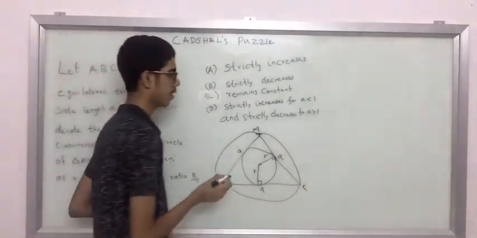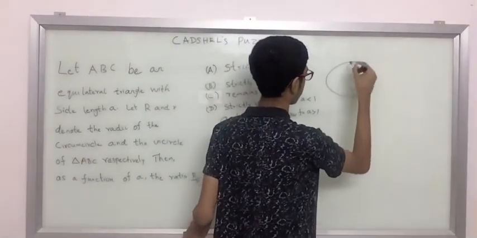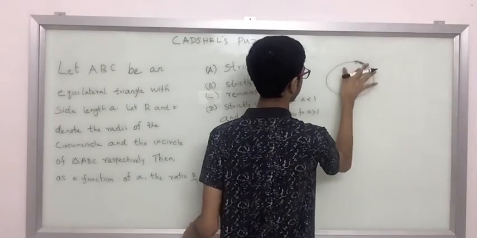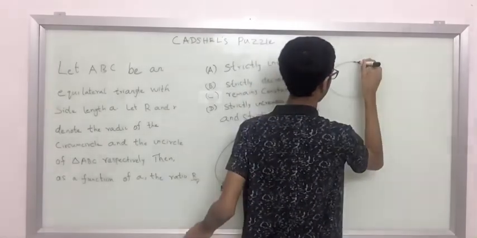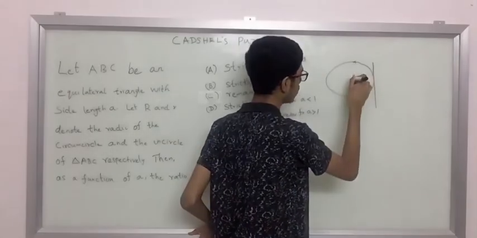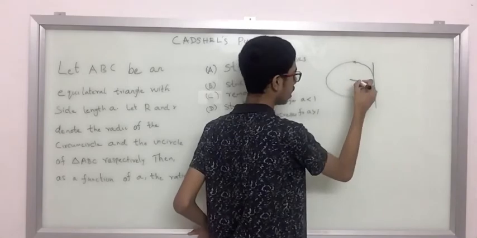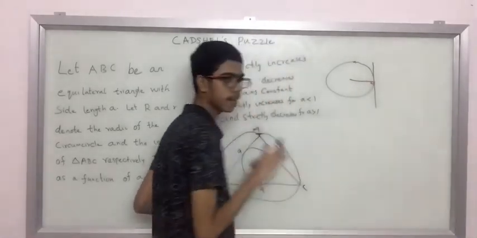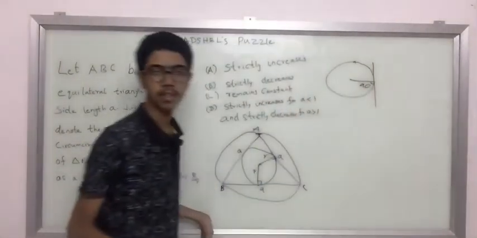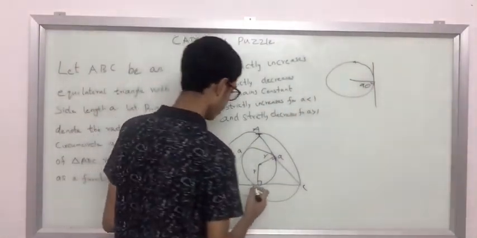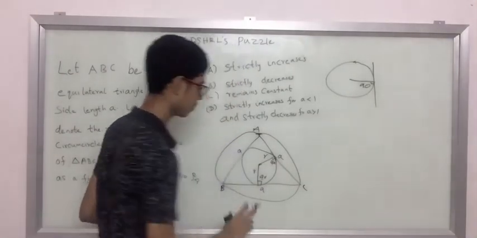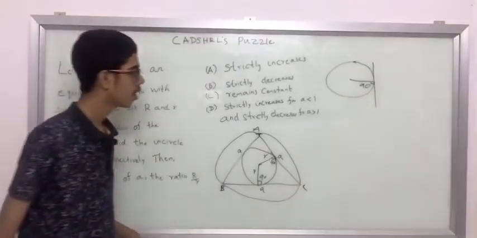In any circle, if I draw a tangent and connect the center point to the point of tangency, it will always be perpendicular. I'll draw 90 here, and this is also 90, 90.